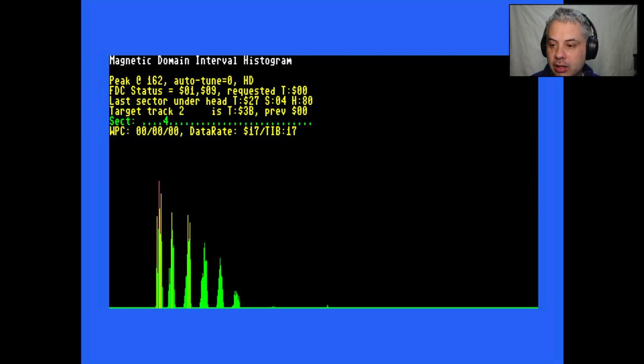The color code is just for the ones above a certain threshold, so that I can see where the center of the peaks tend to be. But really, that's just a reflection of the data. You can see that the very tallest one is red.